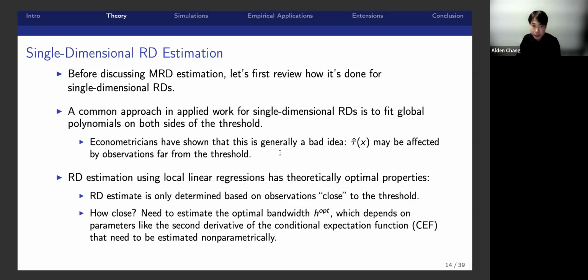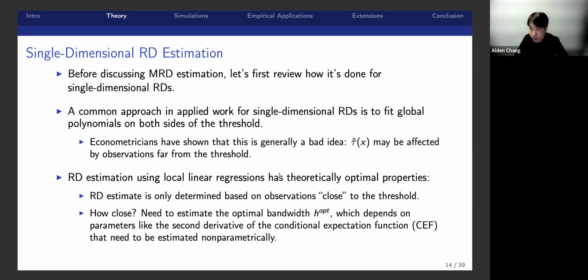So instead of global polynomials, econometricians suggest using local linear regressions, and most applied work nowadays adopts this practice. What are local linear regressions? They are a non-parametric estimation method, which utilizes only observations very close to a point when fitting that point.